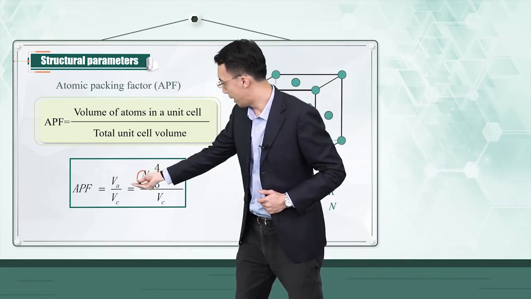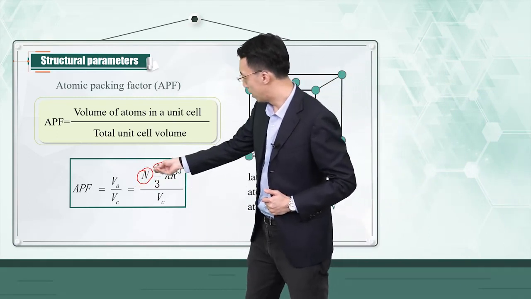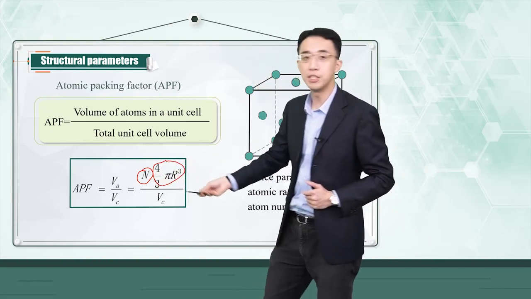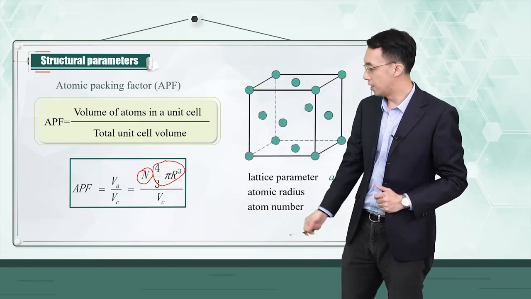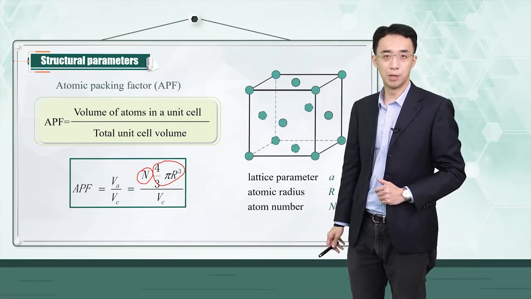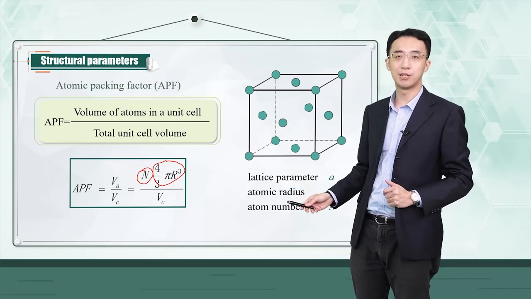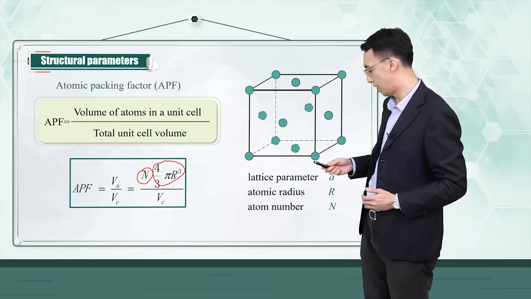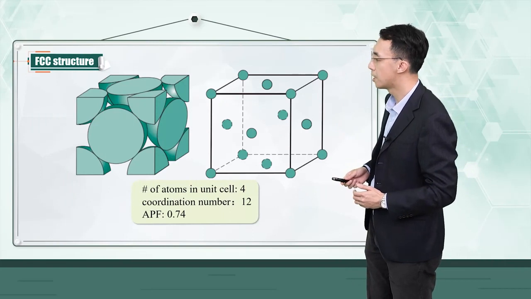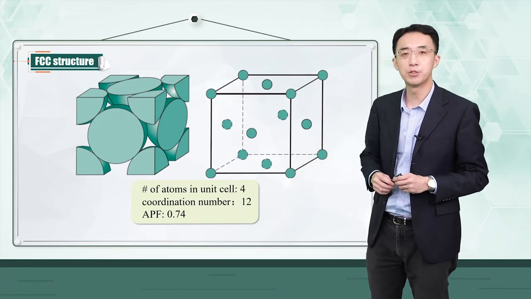The total number of atoms in the unit cell times the volume of each atom, and divided by the total volume of your cell, right? So in this way, you can calculate the atomic packing factor for each of these unit cells. And here I just directly give the results.